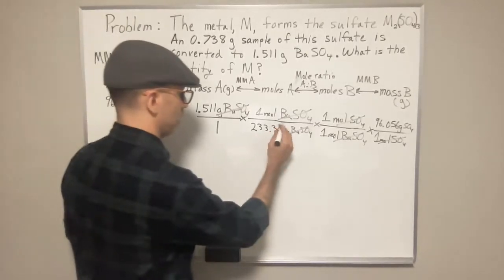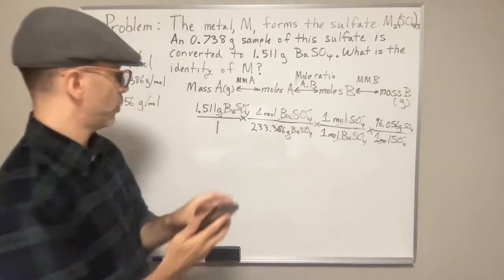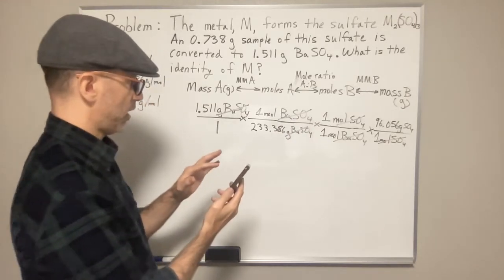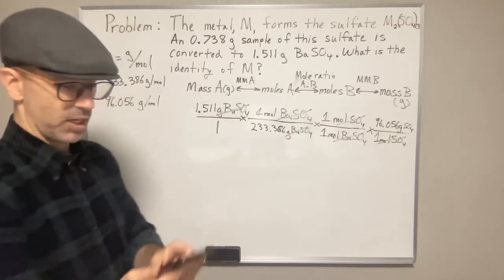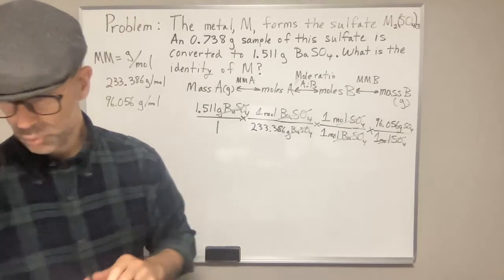Sorry, I don't know, 386. So 386 divided by 1, so we don't need to divide by 1. And that's going to give us 0.62.